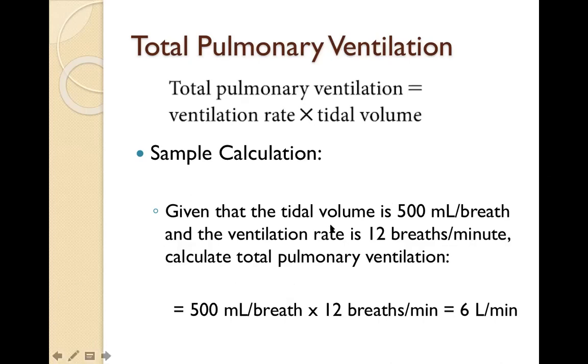And our tidal volume we know is about 500 mils per breath. So we can calculate our total pulmonary ventilation by taking that 500 mils per breath times 12 breaths per minute. And our total pulmonary ventilation is somewhere around 6 liters per minute.